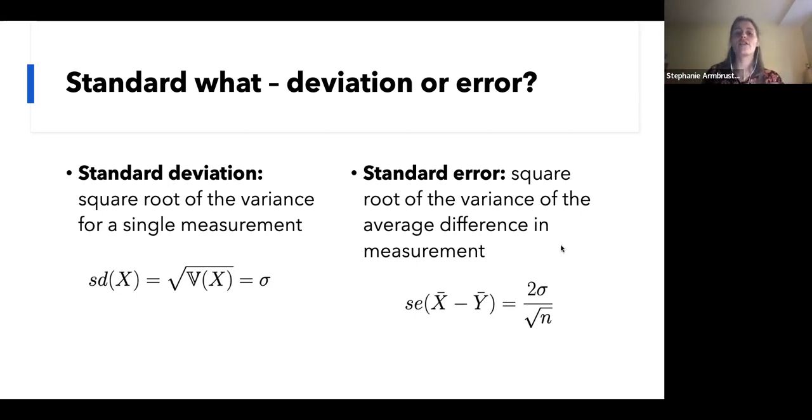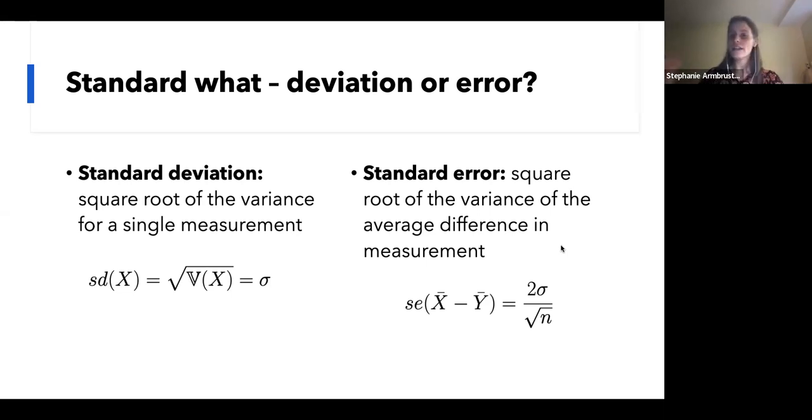So the standard deviation is defined as the square root of the variance for a single measurement, which is not very intuitive. But if you think about it, the variance tells you how much your values spread across your range of values, how variable is your measurement. So say for blood pressure, for example, we all have different blood pressure values, right?